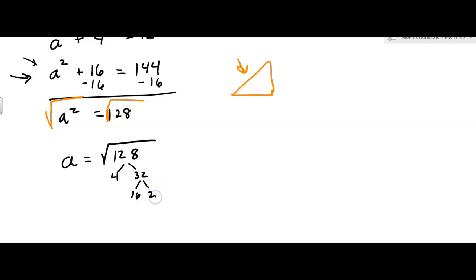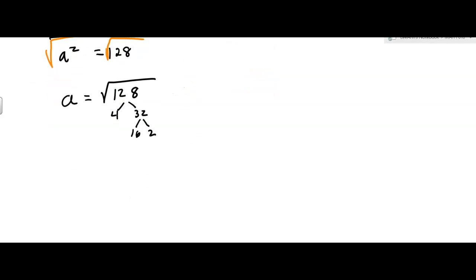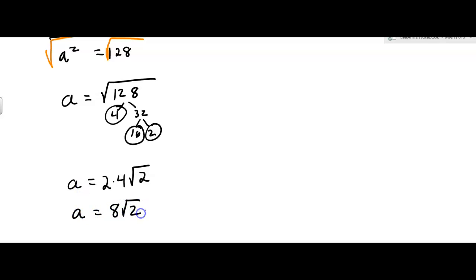Now, you might be saying, well, you've got a little mess there. What I can do is I can take the square root of 4, and I can take the square root of 16, and then I have this leftover 2, so that has to stay in there. And so I get A equals 8 times the square root of 2. Now, that is correct.